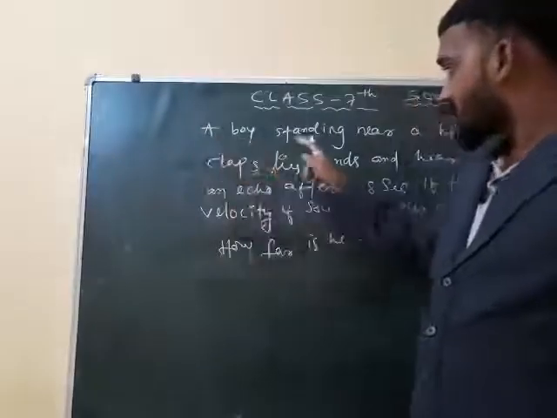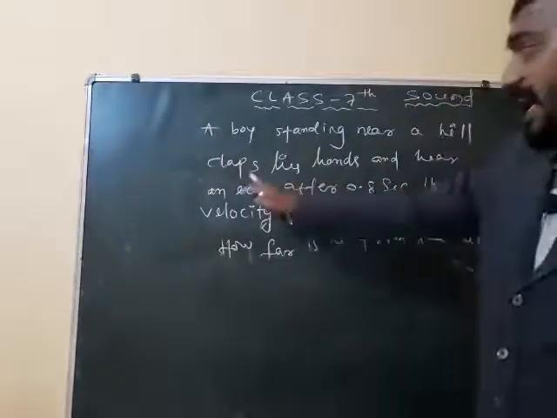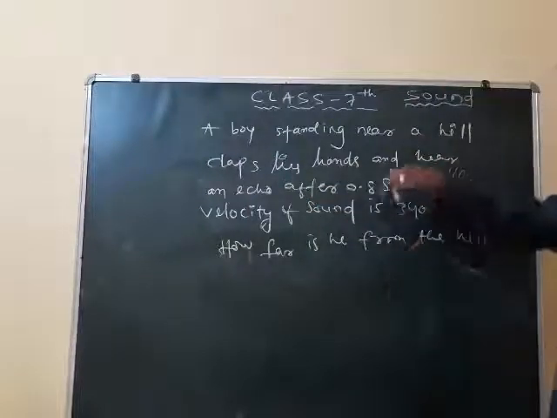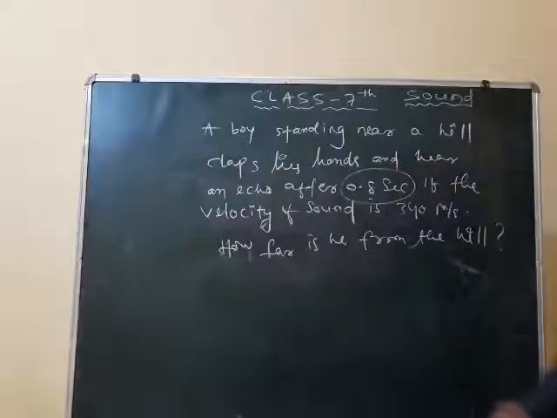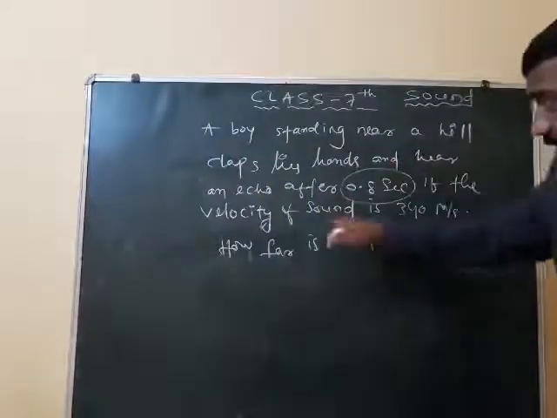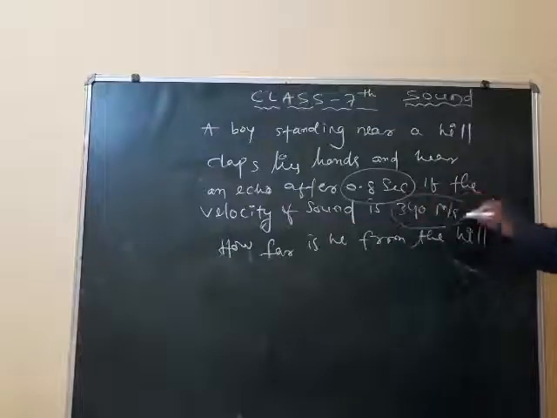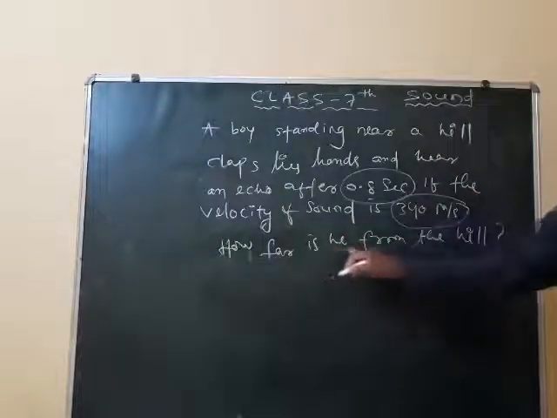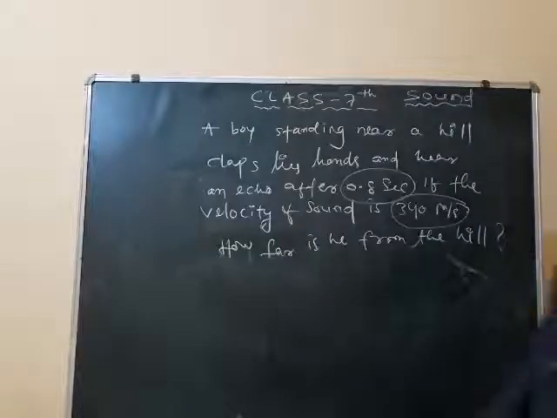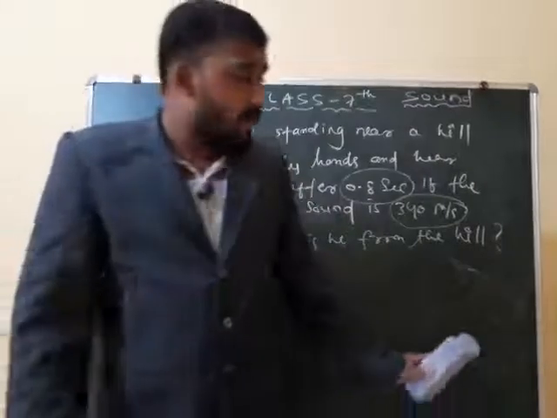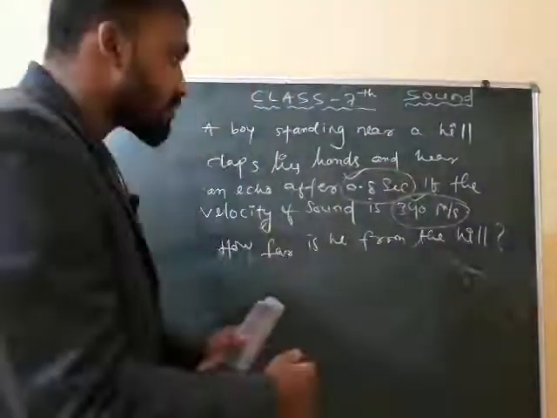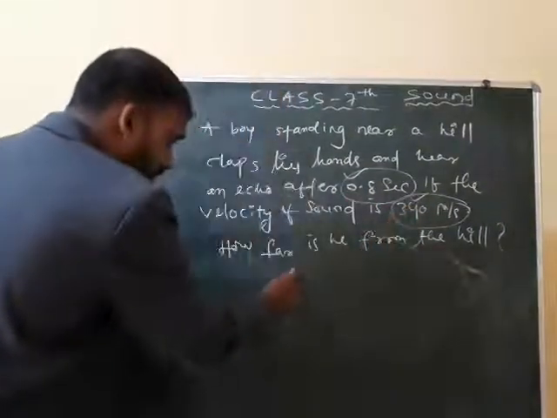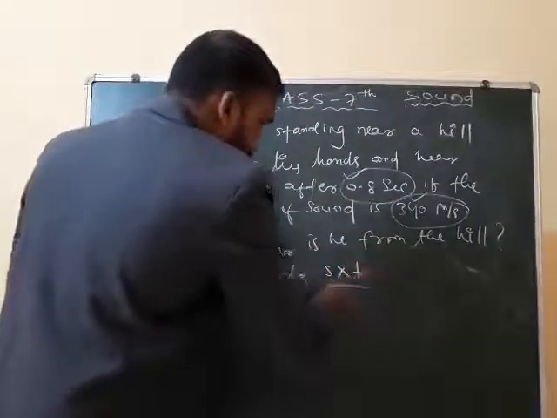So one numerical, let's see. A boy standing near a hill claps his hands and hears an echo after 0.8 second. If the velocity of sound is 340 meters per second, how far is he from the hill? Here 2 things are given: time and speed. Distance is equal to speed into time by 2.